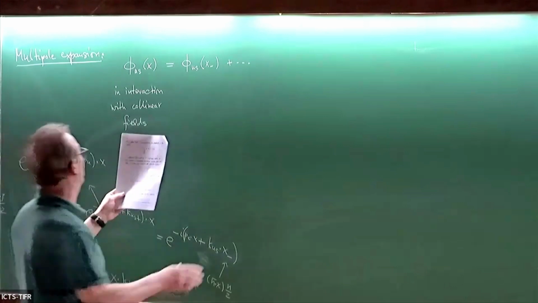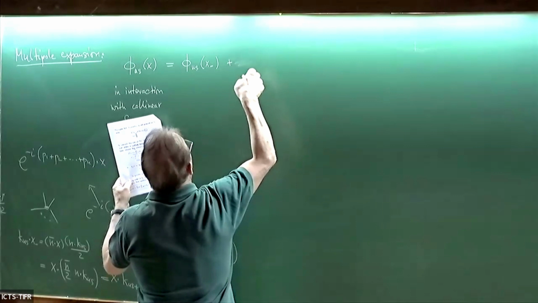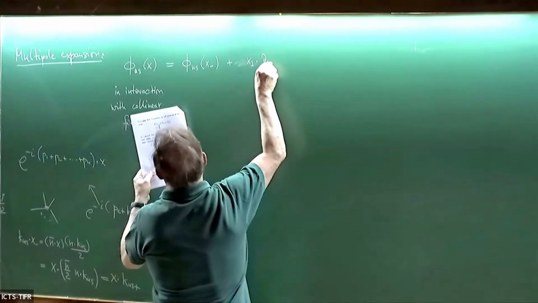And again, you can formalize this. You can expand this field about X minus, and then you'll get higher order terms. And the higher order terms can be written down.